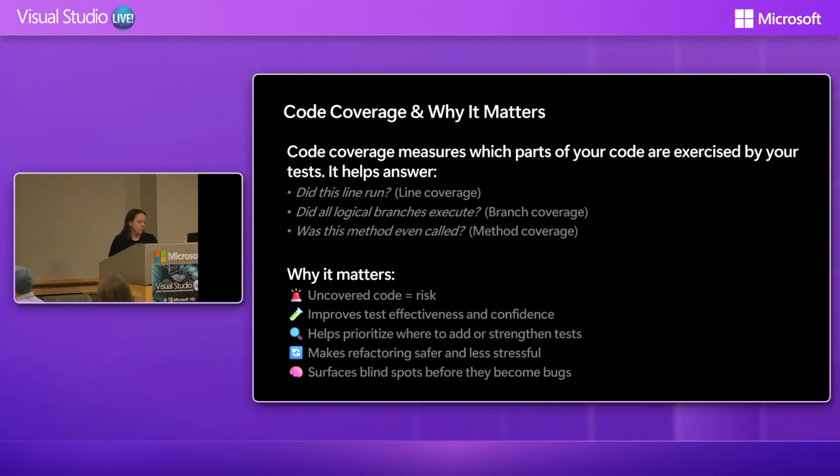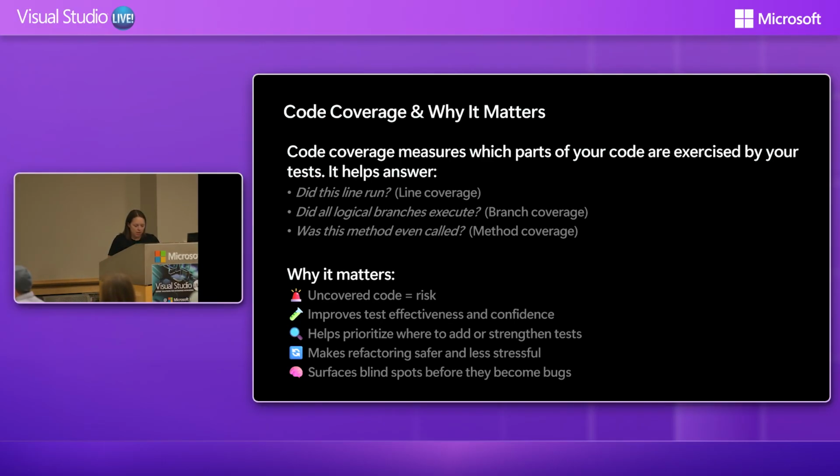This matters because uncovered code is really risky. Bugs can pop up unexpectedly. Things can happen that you didn't intend to as you were writing your code. And so we want to use code coverage in Visual Studio to give you a good sense of where you might be able to add tests, where you might be overconfident, and what's safe to refactor, and also what might not be safe to refactor.